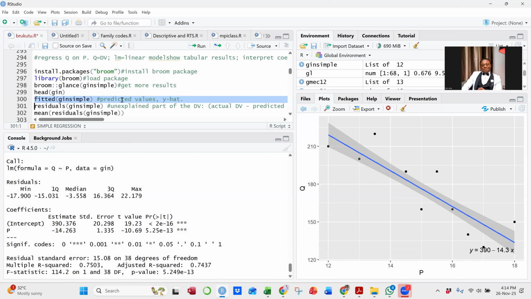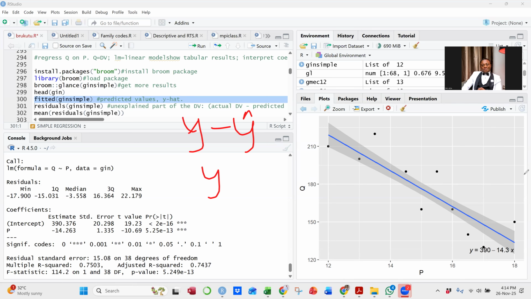Remember our derivation that we did the last time, where some of you thought it was hidden. We had the Y, which is actual, minus the Y cap. This Y cap is the fitted or the predicted value.